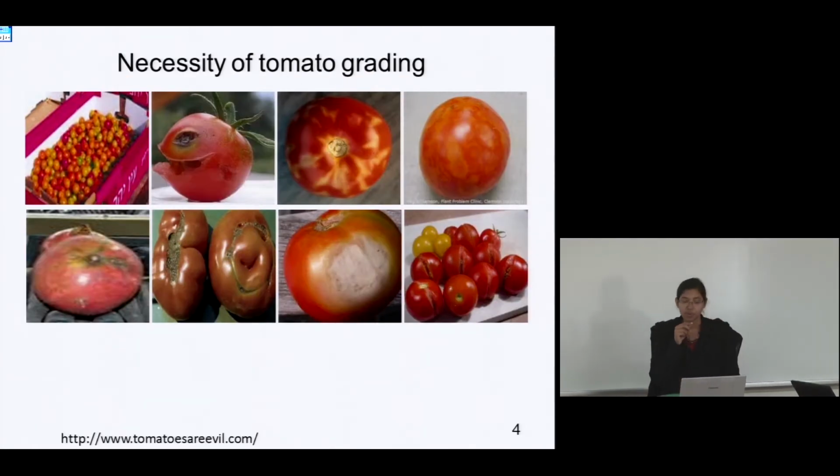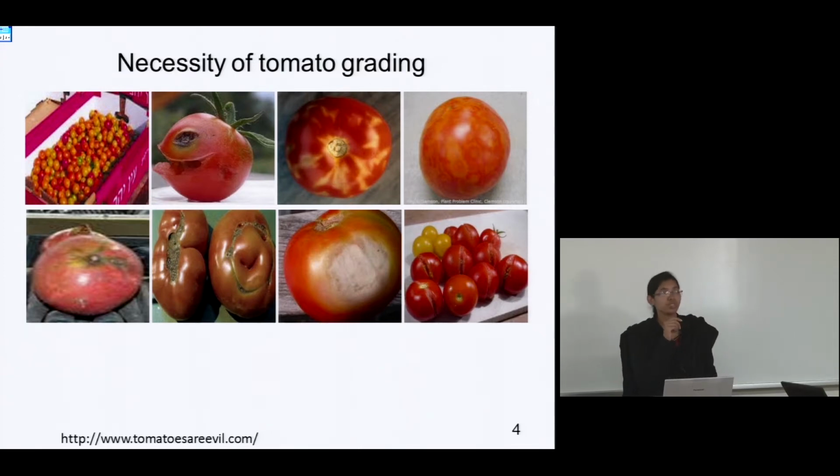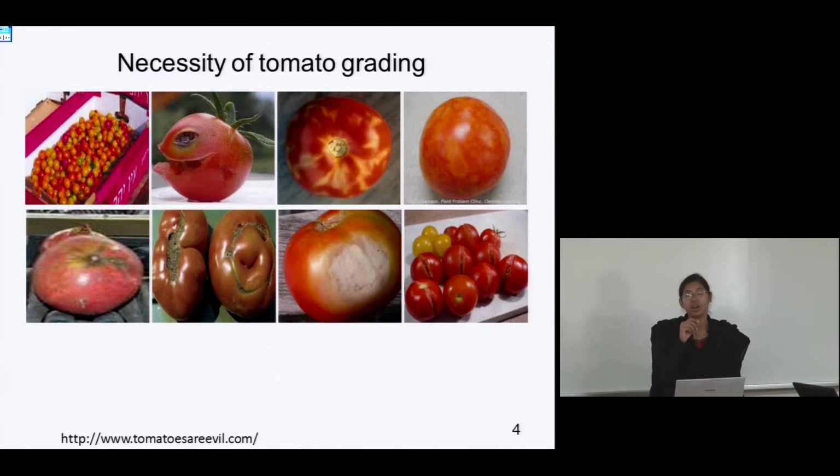The necessity of tomato grading. In these slides we can see some images of tomato. The first image shows harvested tomato. It includes damaged tomato, mature tomato, and immature tomato. If we do not grade the tomato and sell it in the market, it contains damaged, mature and immature tomato together.